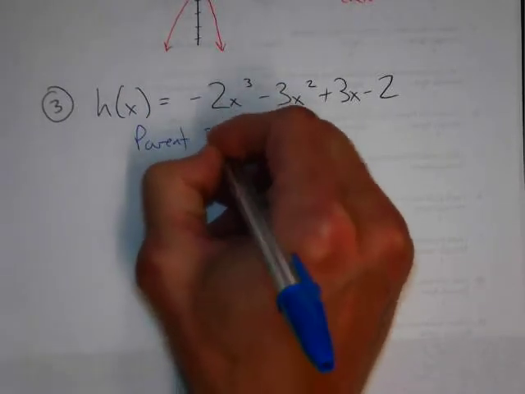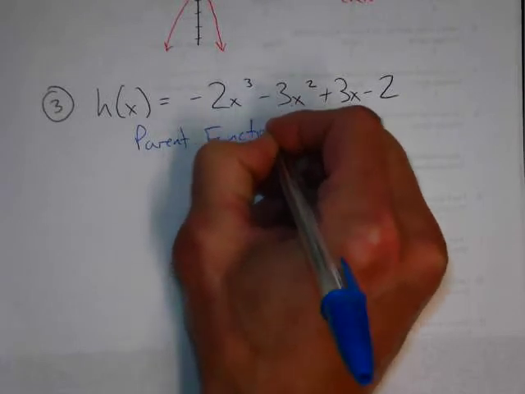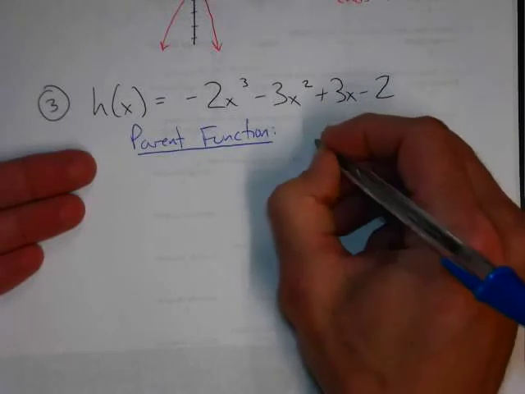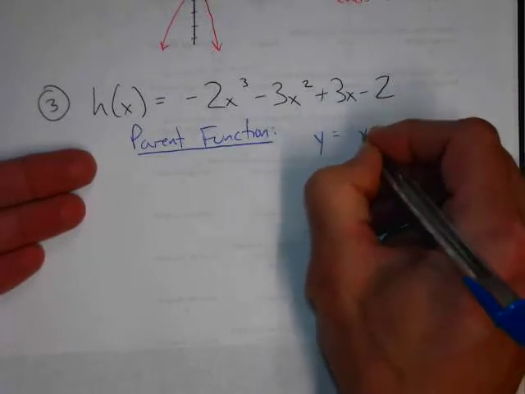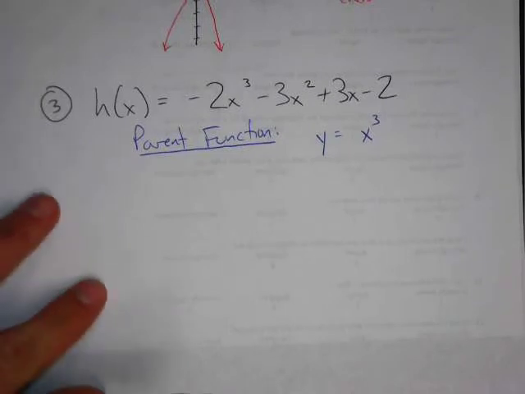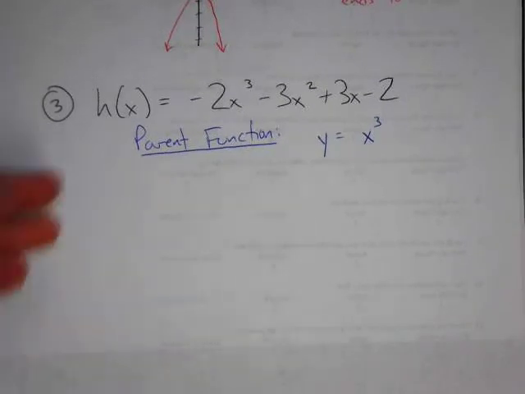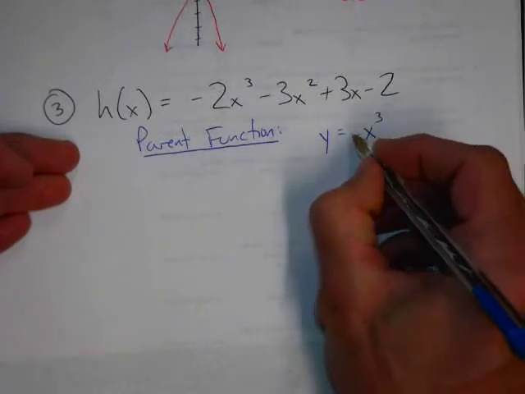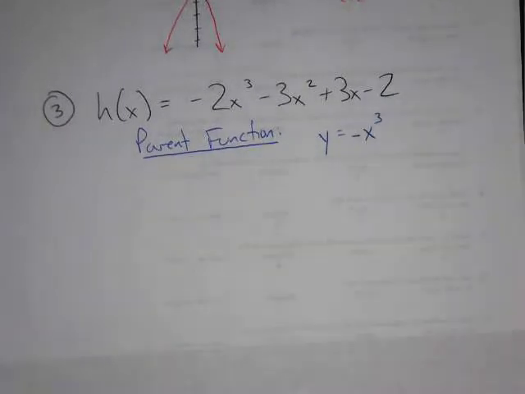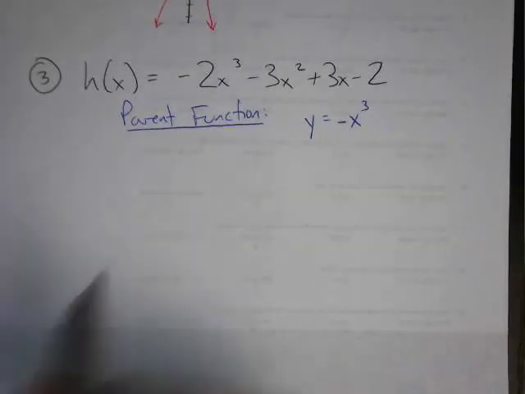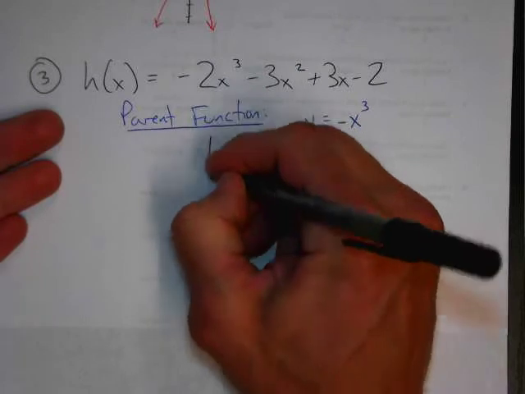So the parent function of this crazy equation, the most simplified version of the operation, is y equals x to the third power. However, the lead coefficient is negative. So we're looking at y equals negative x to the third power. But again, this is in the guaranteed pass notes. It's all there. I'm just reiterating some stuff.